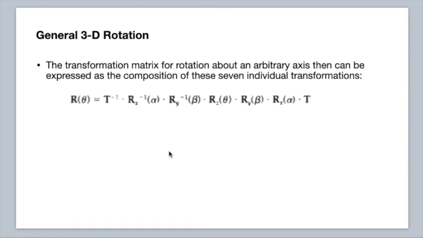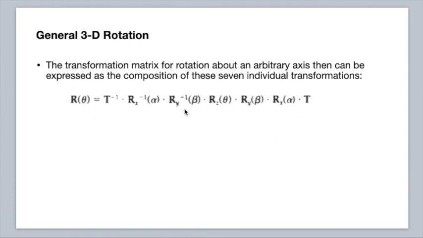U is the actual direction of the vector. To move to that vector you have to perform inverse rotations, and then you have to move it to its original position. So for that you have to perform inverse translation. So that is shown here.